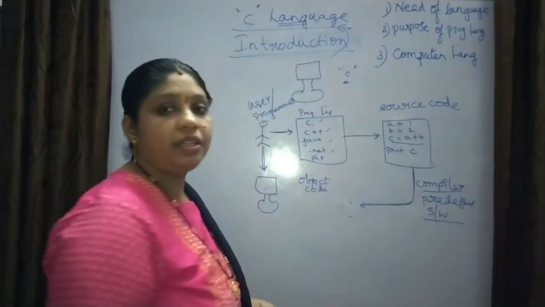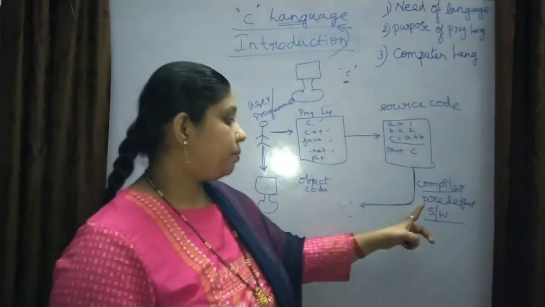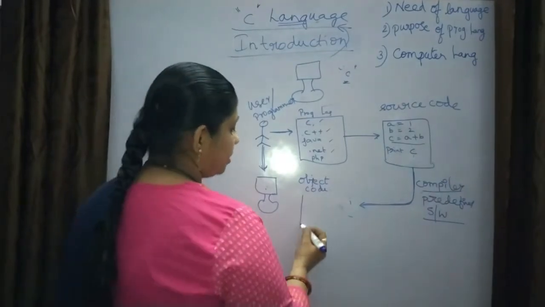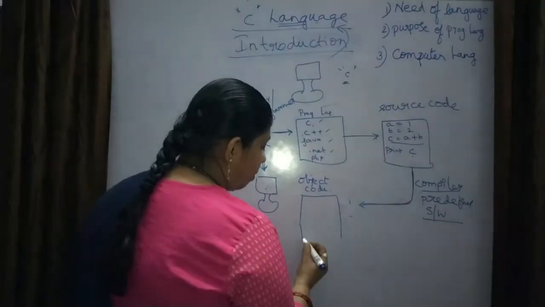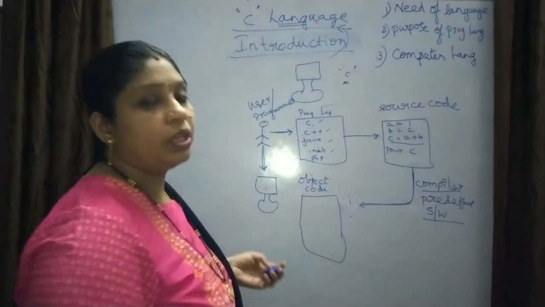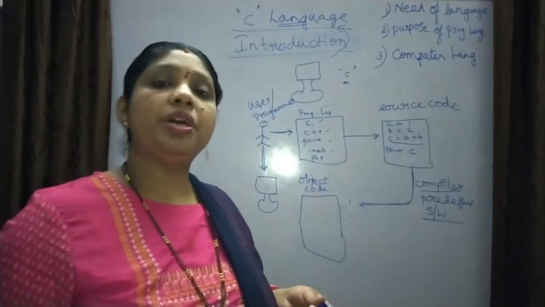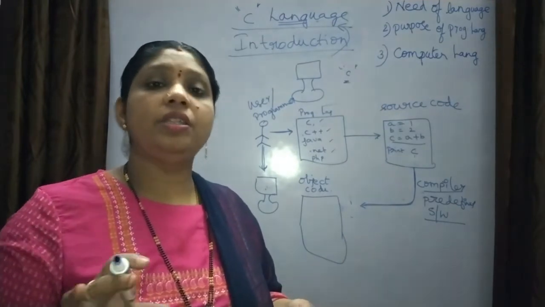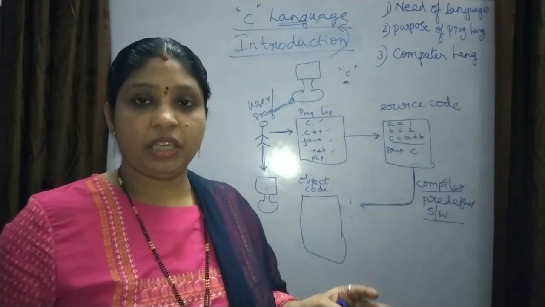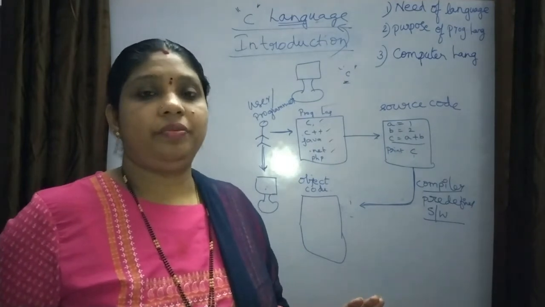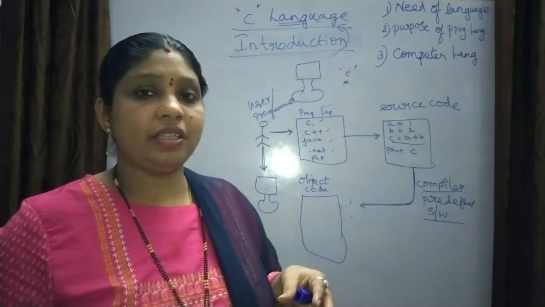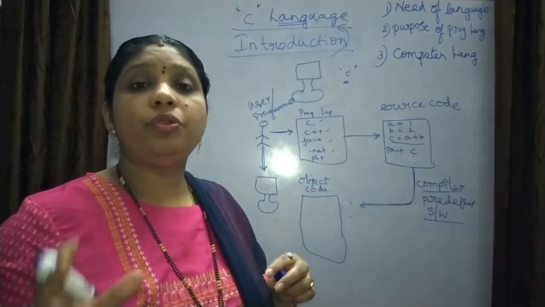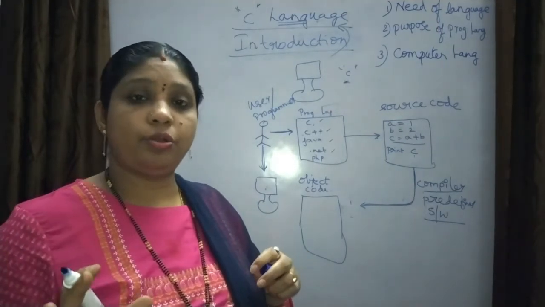This compiler is converting. Now, what is object code? Object code is the code which is used by the computer. The computer understands this object code very easily. We cannot understand it. We can understand, but it will be very tough to solve the errors and all those things.